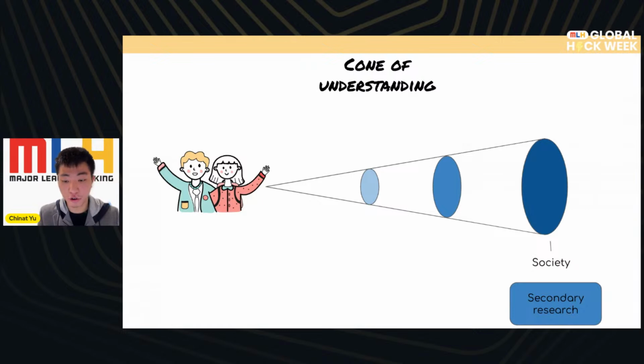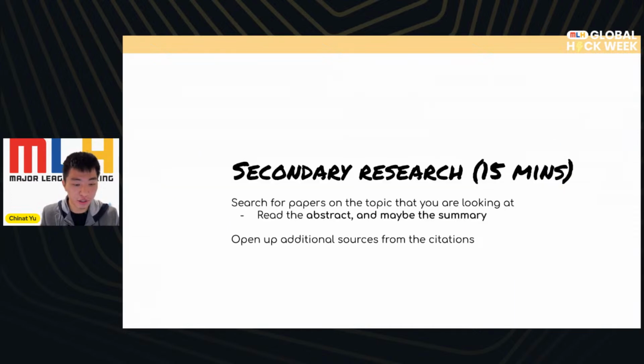And that leads us to the third level of the cone of understanding, which is to conduct your secondary research. When you're conducting your secondary research, you're thinking about looking wide out there, learning a little bit more about the problem space.